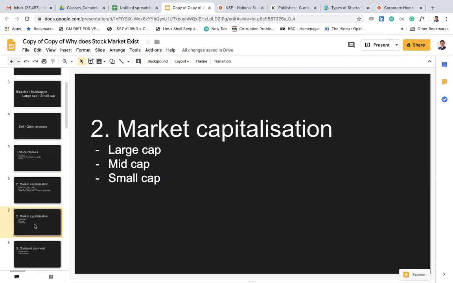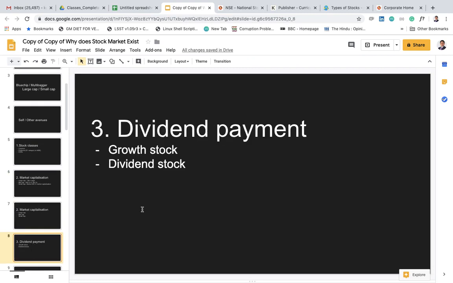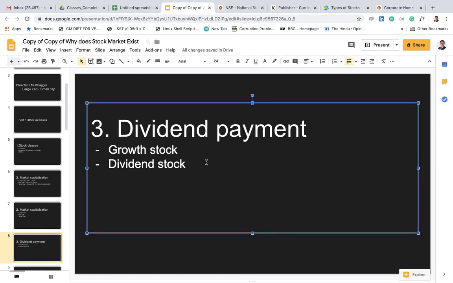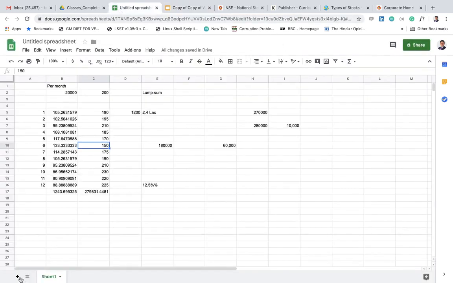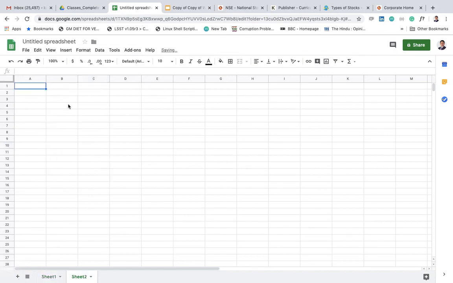Then you have classification based on dividend payment. We heard a lot about the power of compounding in the last few chapters. So how does the power of compounding work? Let's say you have 100 rupees and you made a profit of 20 rupees next year.